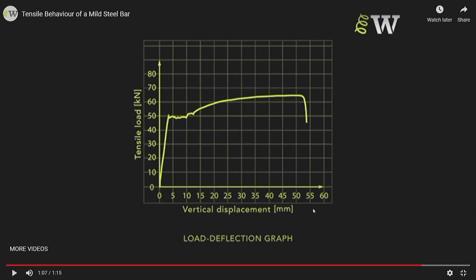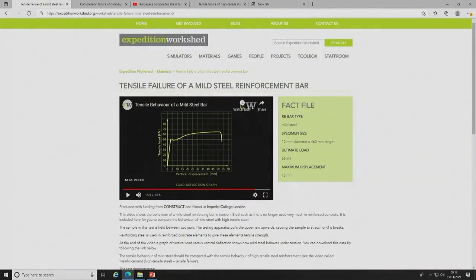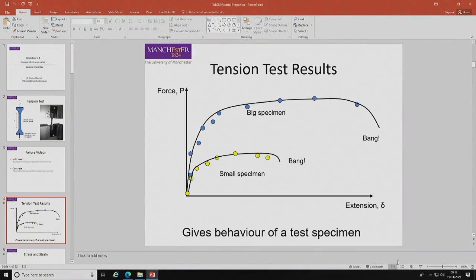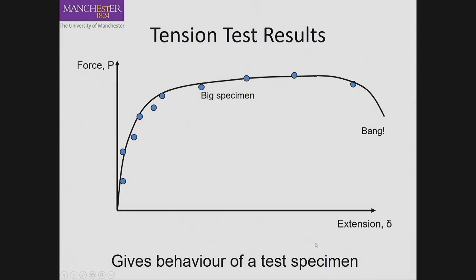So that really doesn't give the material property uniquely. So what we normally do in engineering is, if you do a big specimen, you could get a force versus extension curve in this way.